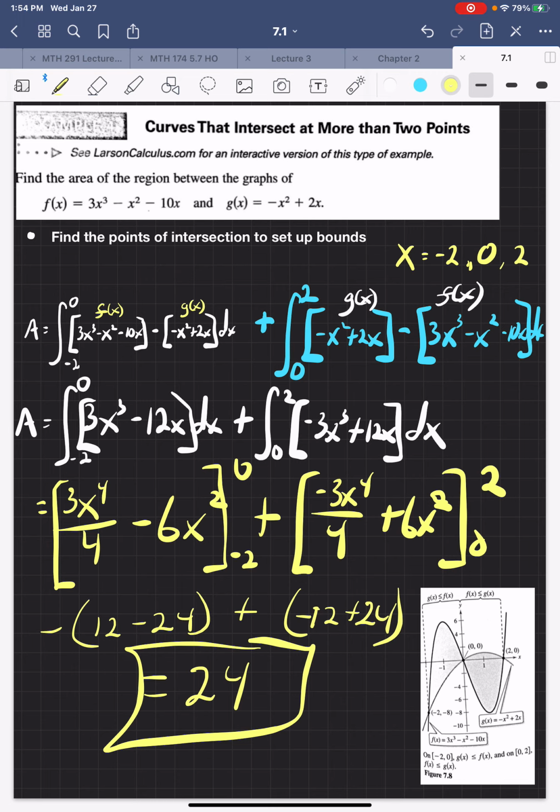Okay, so that's one of the worst case scenarios where you have to find the area between two curves, and your curves change, so on one interval one function is above the other, and then on another interval it's reversed.